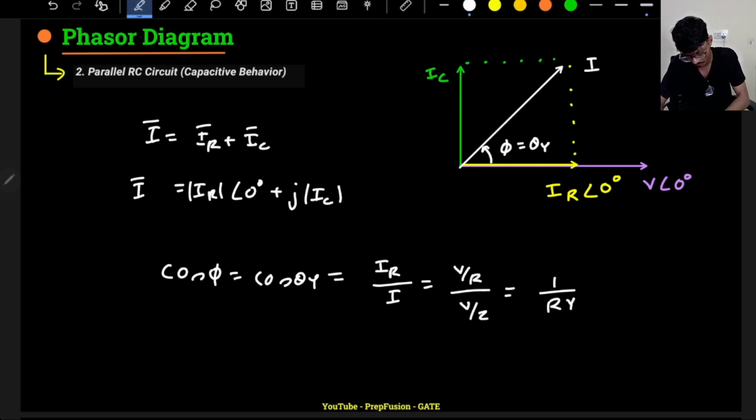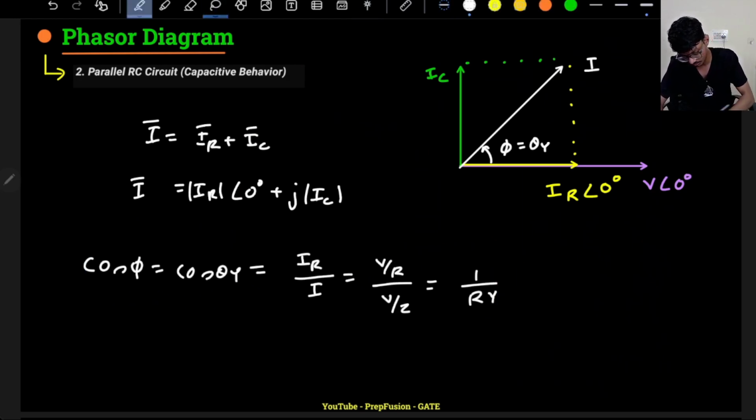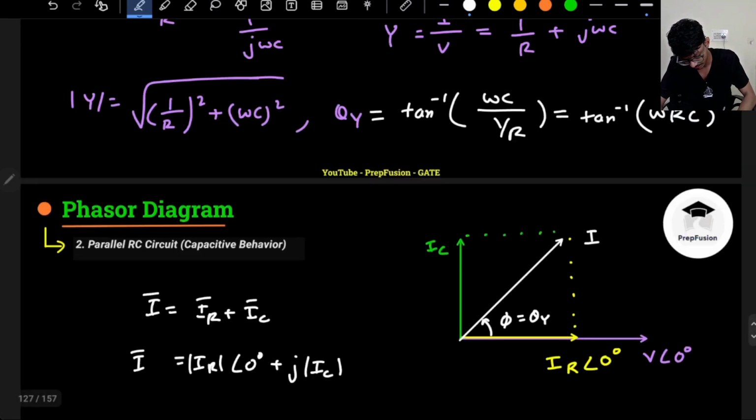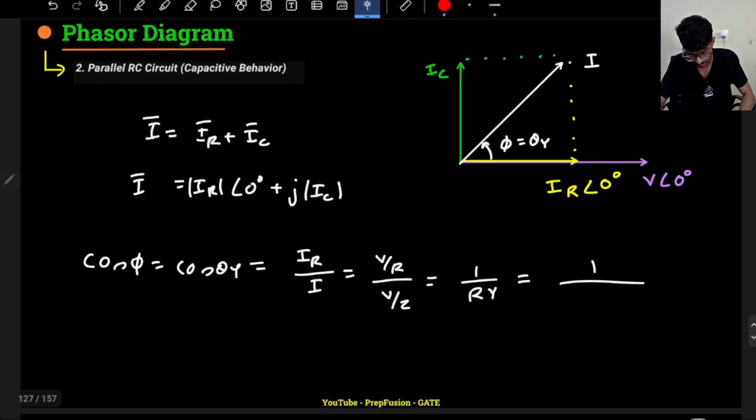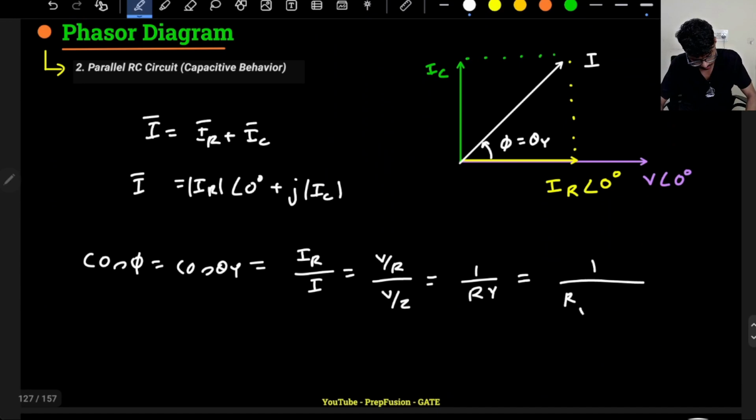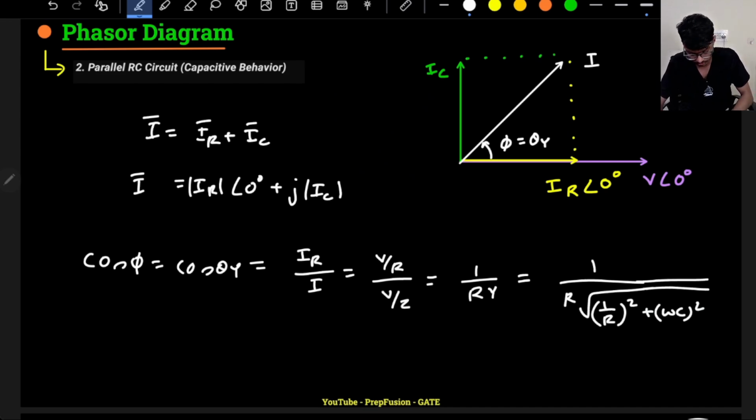What is admittance here? I have already calculated the magnitude of admittance, that is 1 by R and omega C. So this will be 1 by R under root 1 by R square plus omega C whole square, which is 1 by under root 1 plus (omega RC) whole square.